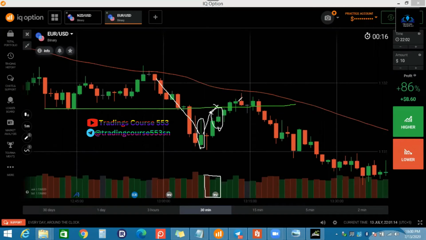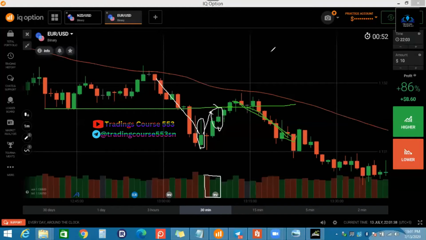From here, on the support level, when the candlestick touches or reaches the support level, then you can trade, and that is the resistance level. When there is no resistance or the resistance is far away, you wait for the 2 minute. When these candlesticks reach the support level or resistance level, then a new trend will start from here.